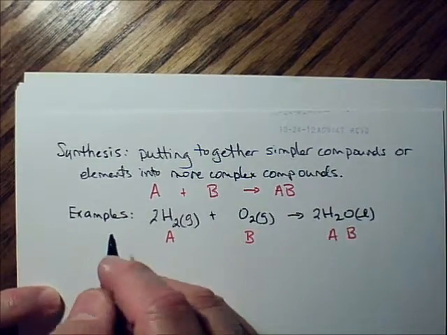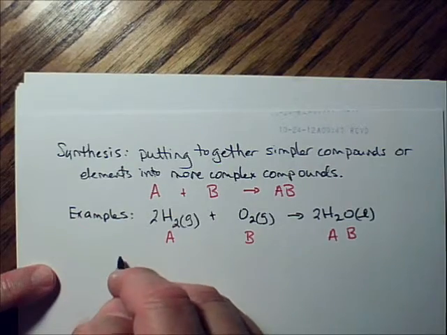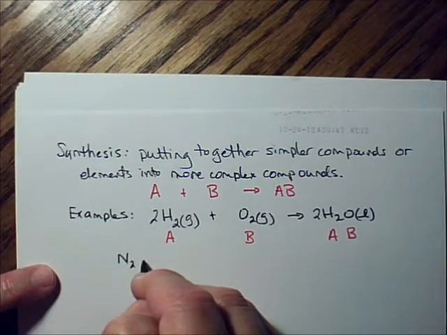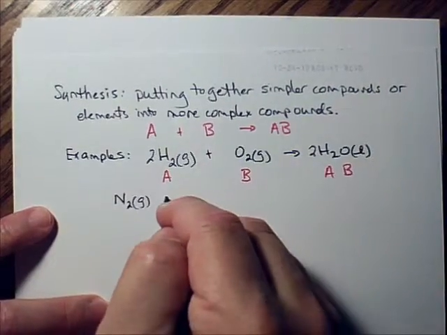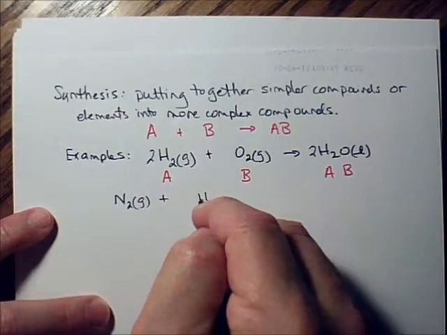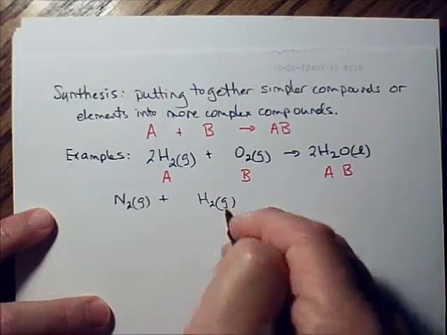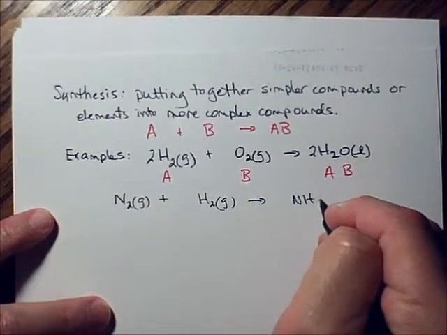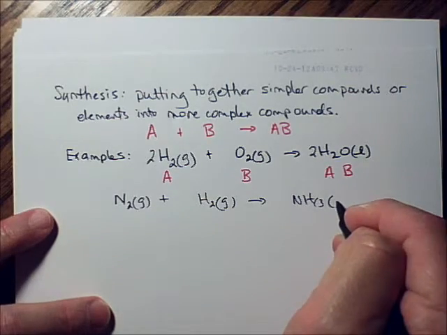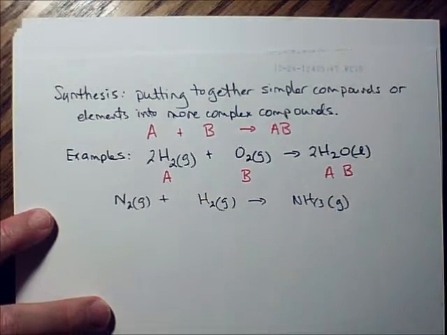Here's another example of a synthesis reaction. Nitrogen gas plus hydrogen gas, and you make ammonia gas. Oop, I don't want to put that in parentheses, I want to put this in parentheses.